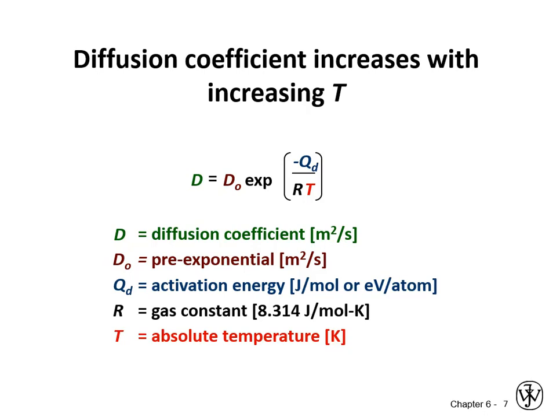So at any given temperature or any given material, your diffusion coefficient in a practical circumstance is dependent on parameters that are specific to the material, which are the activation energy and your pre-exponent coefficient, which is just the diffusion coefficient at a fixed temperature, and then the actual temperature under which you're diffusing.